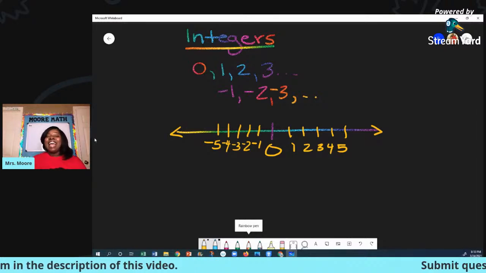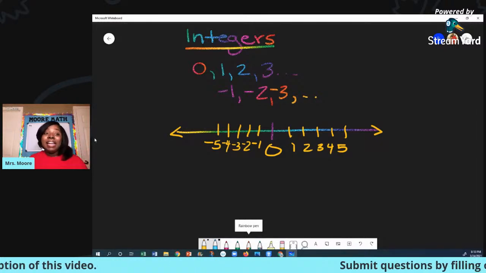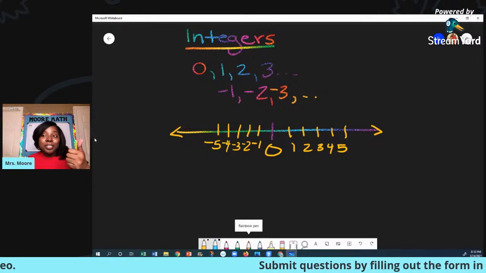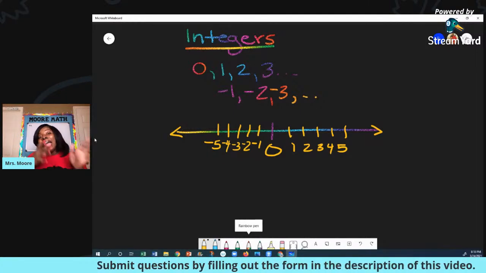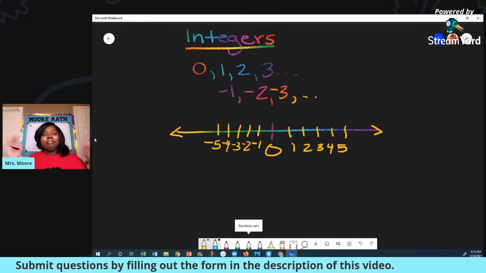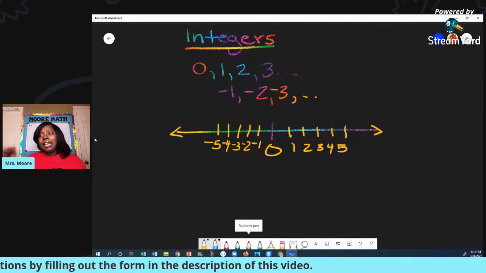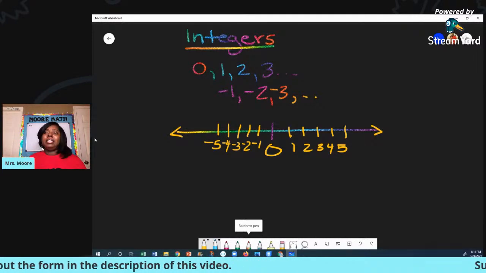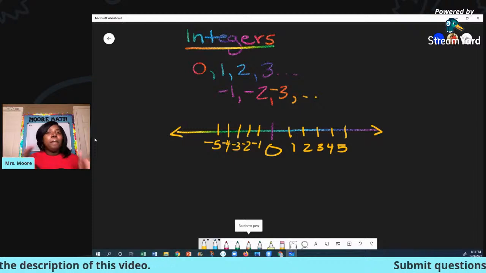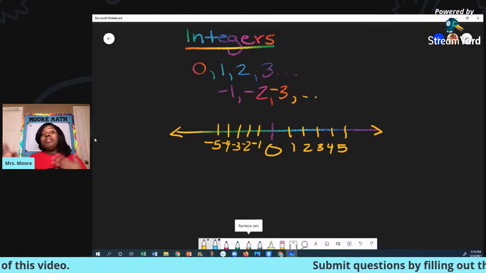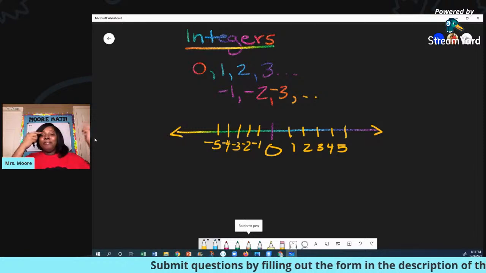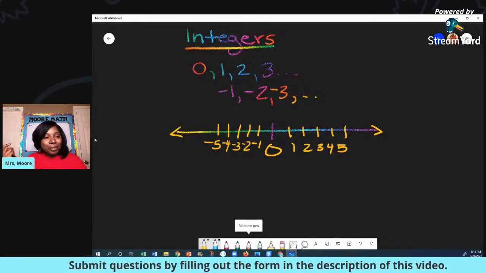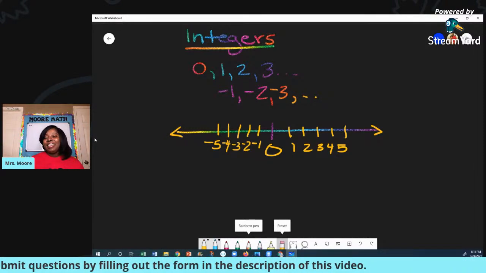That's what makes integers hard. One by one, my students understand it, and I'm sure you get it. Very simple. But once you know all of the rules, just like fractions, it's easy to get confused between the rules.